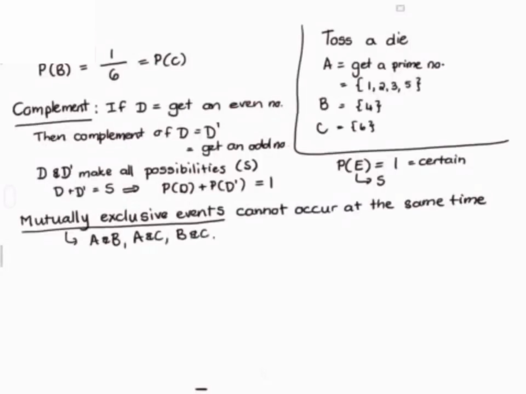B and C are mutually exclusive. D and its complement are mutually exclusive. So it's impossible to say, let's toss a die and I want to get a 4 and a 6. If you only toss the die once, you're only going to get one value. So you can't get a 4 and a 6. They are mutually exclusive events.